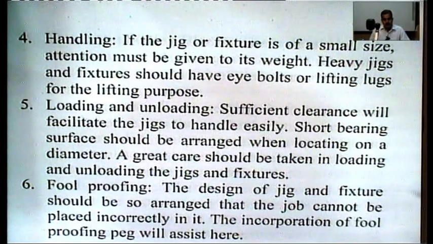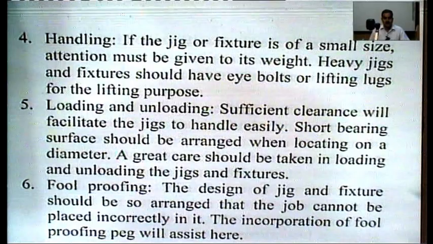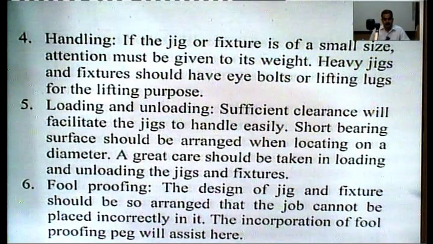And the sixth point is foolproofing. The design of the jig and fixture should be so arranged that the job cannot be placed incorrectly in it. What does it mean? It means loading of the job in some incorrect way should not be possible.